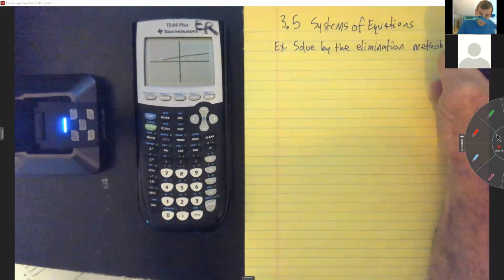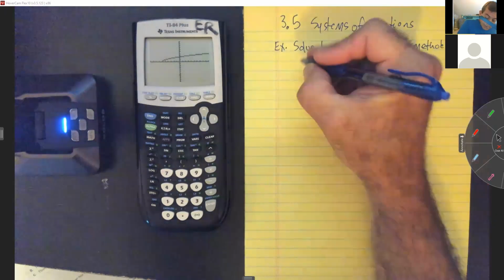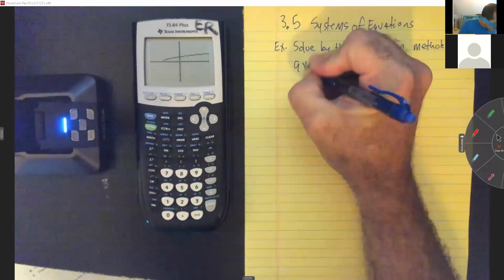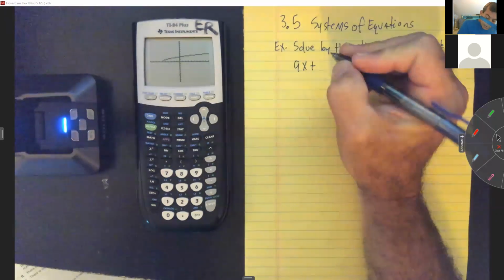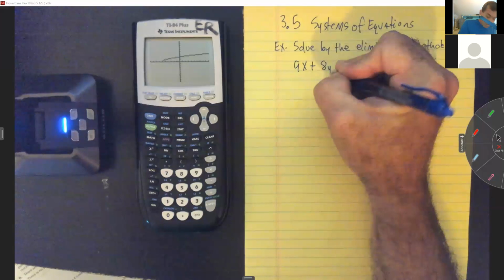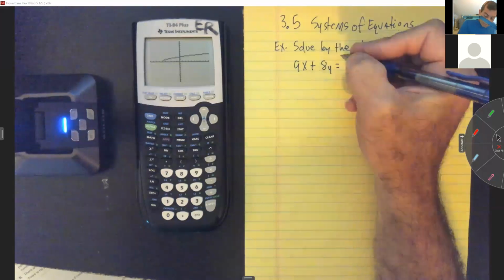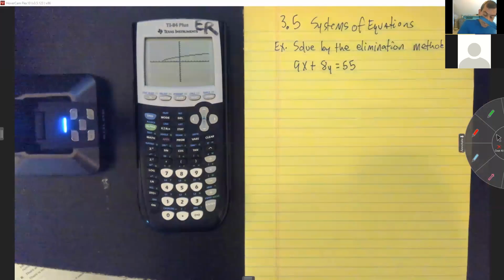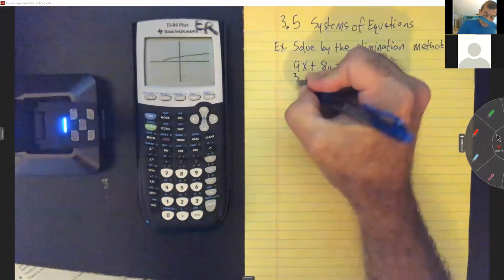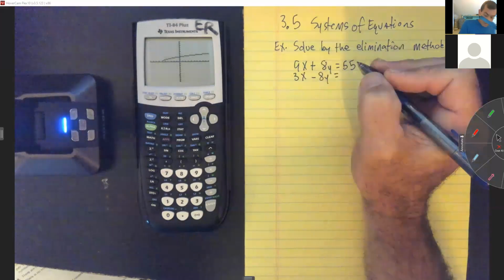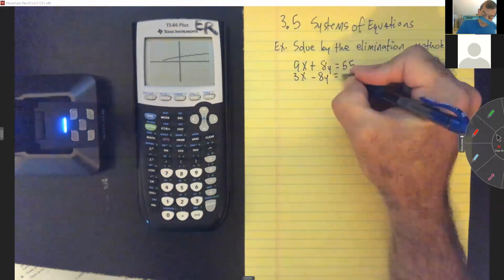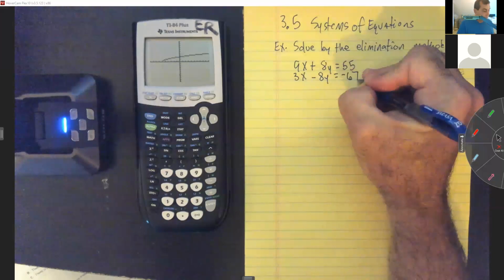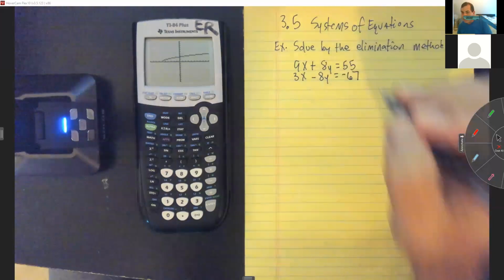All right, so our system is going to be 9x plus 8y equals 55, 3x minus 8y equals negative 67. So that's the system they're giving me.